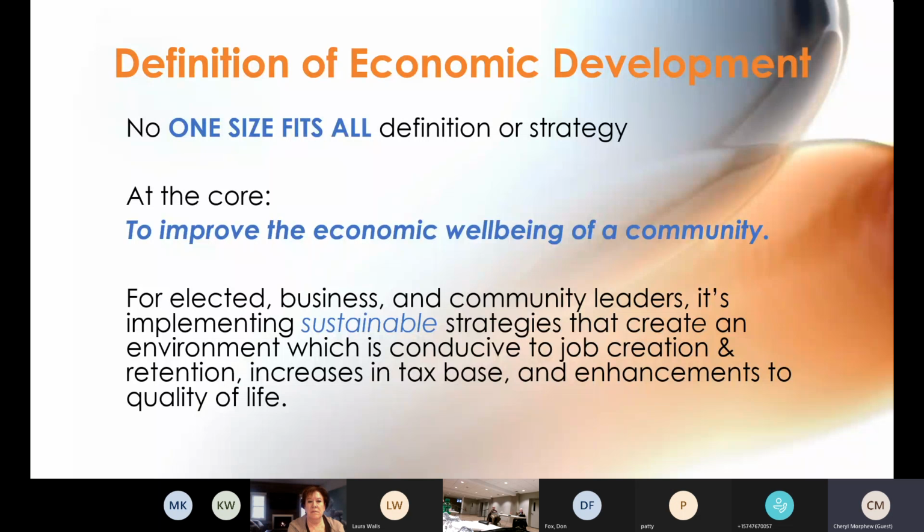What I like about the definition here is the last paragraph: for you as elected leaders, it's really looking at sustainable solutions and strategies and a vision that creates an environment conducive to job creation, increasing your tax base, and enhancing your quality of life.